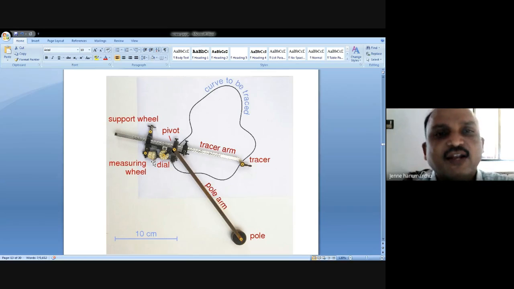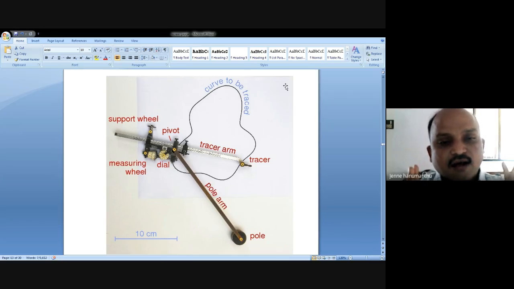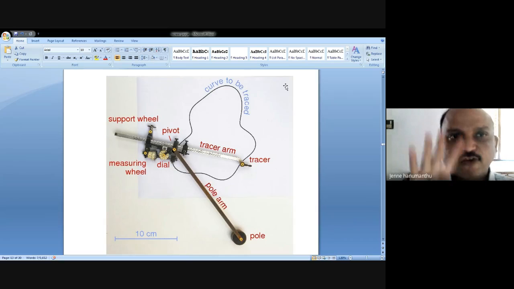For example, it is 5, so 1.285 square meters, because it is area. Area of the unknown. Generally, the output of the planimeter has four numerical values, like 1.245 or 2.869.